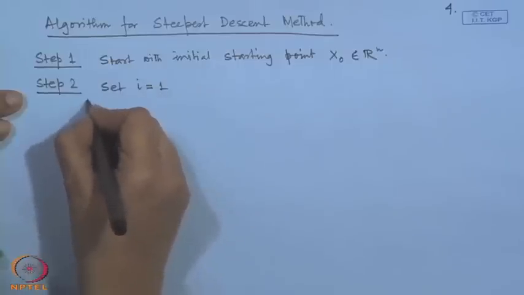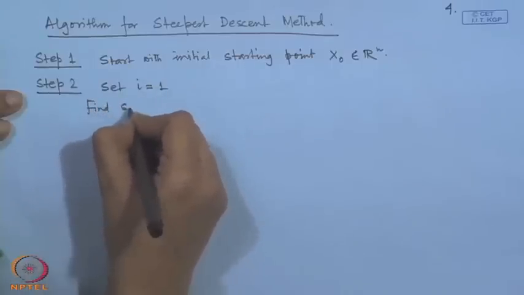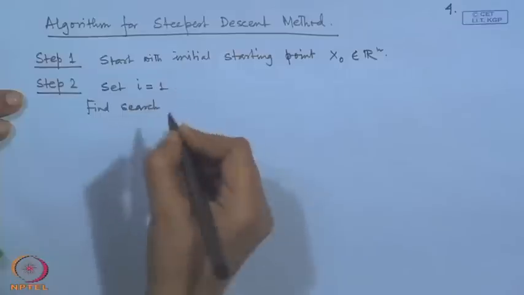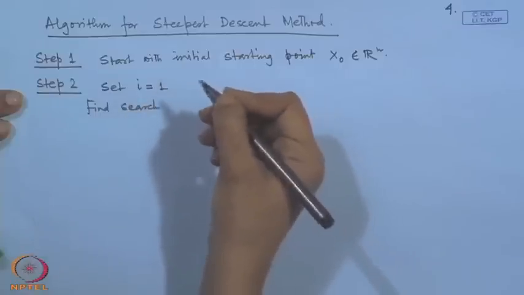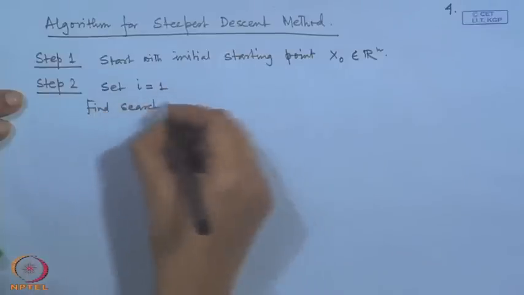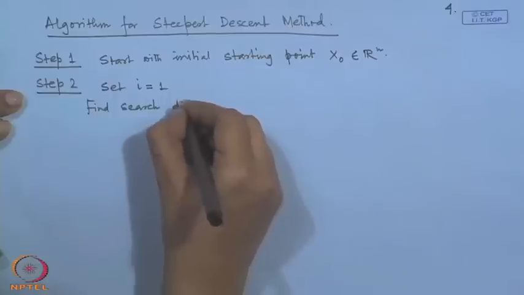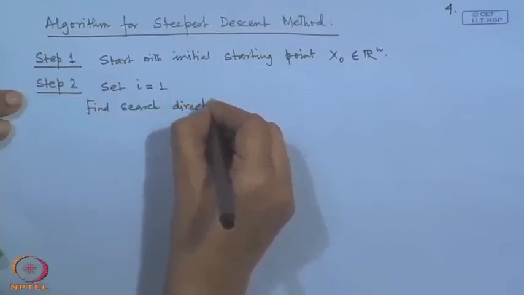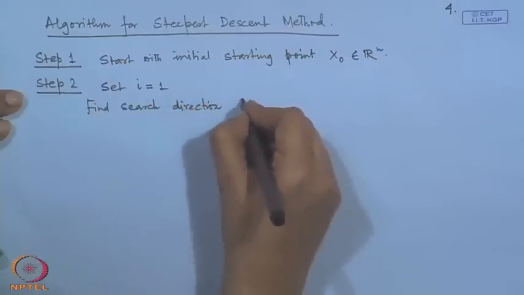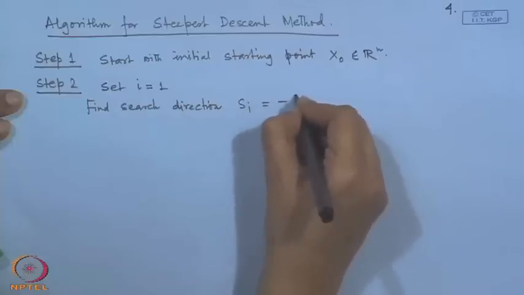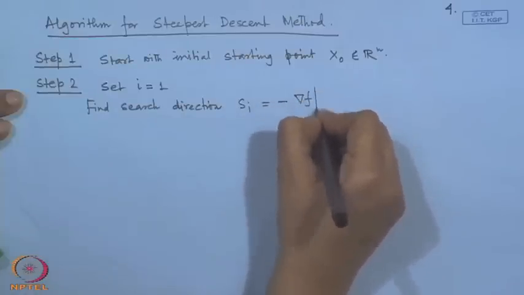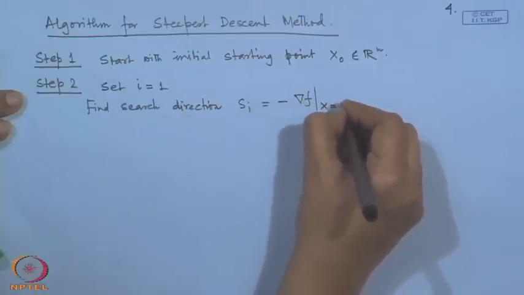Then we will find the search direction. At i equal to 1, we will increase the value of i in the respective case and find the search direction s_i as minus of grad f at point x equal to x_i.